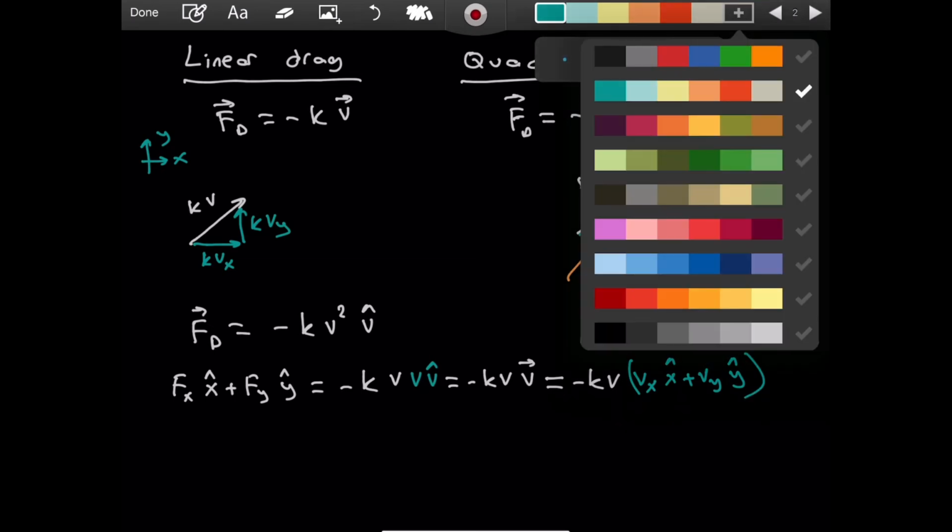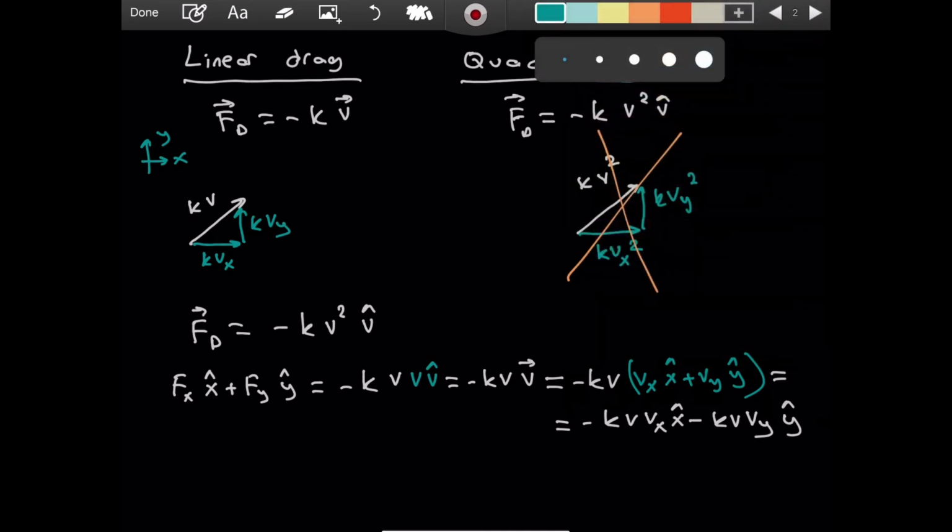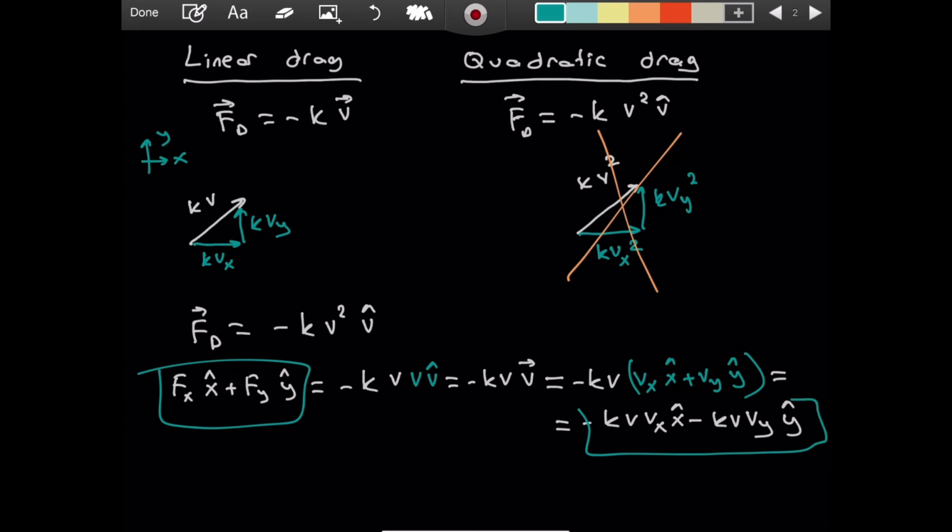Alright, so far so good. Now let's distribute the parentheses. So we will have negative kv vx x hat plus, well, rather a minus actually, minus kv vy times y hat. And look at this. For this and this to be equal, corresponding components should be equal.